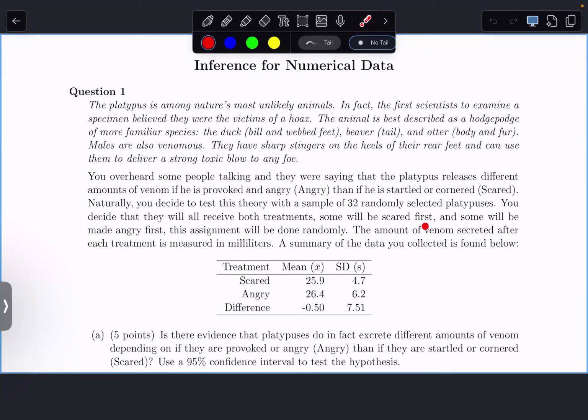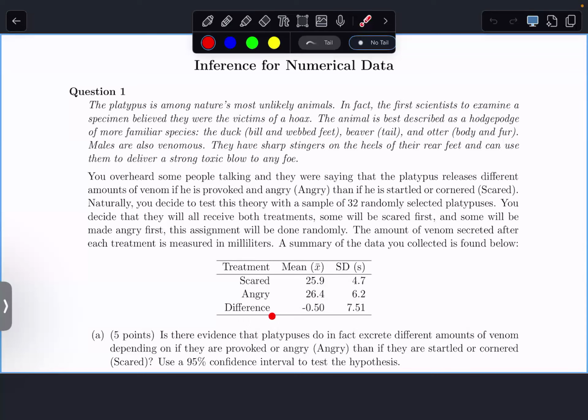Some will be scared first and some will be made angry first. How cruel. It's obviously made up, don't worry. And this assignment will be done randomly. The amount of venom secreted after each treatment is measured in milliliters, and a summary of the data you collected is found below. So we've got scared, angry, the difference.